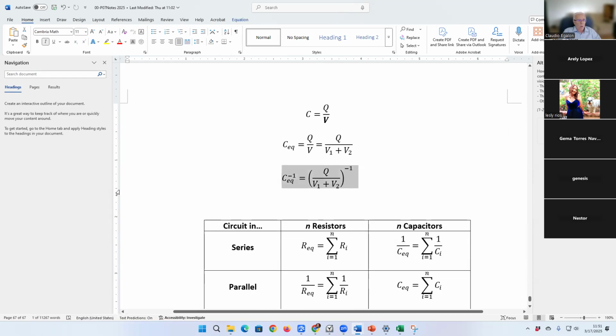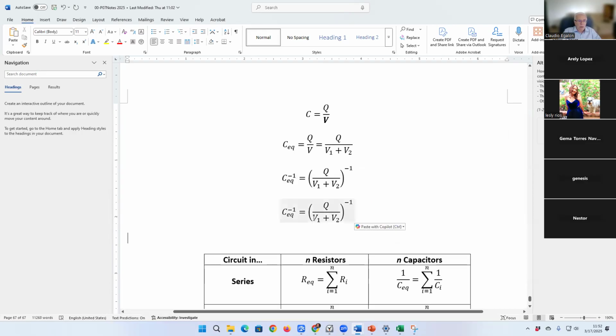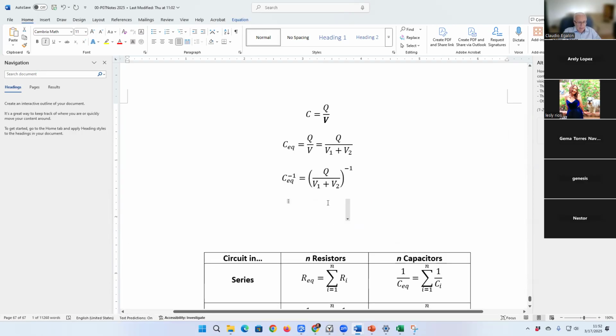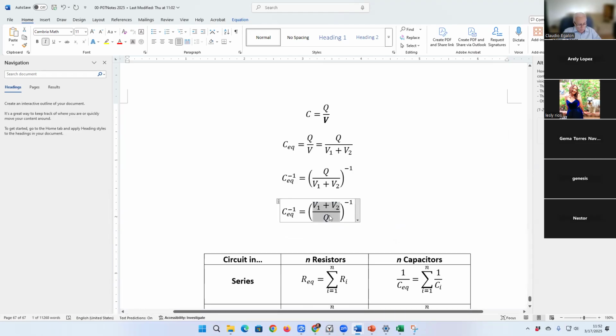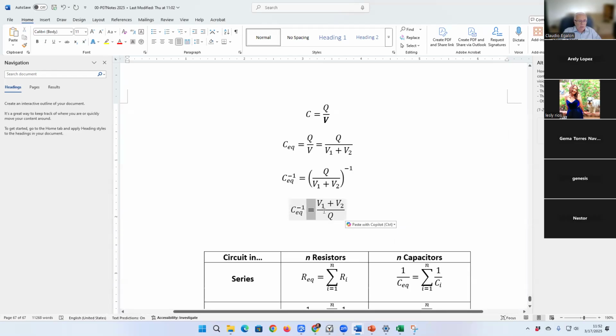And then what I'm going to do is invert the right side of this equation. So here you go. And now what else am I going to do? I am going to break down this equation into two. It's a nice little mathematical trick, right? Look at the nice thing that's going to happen.